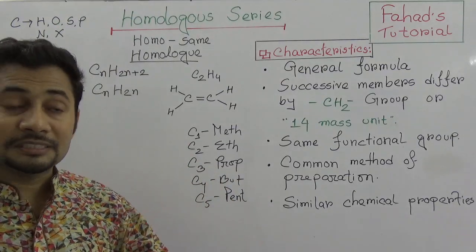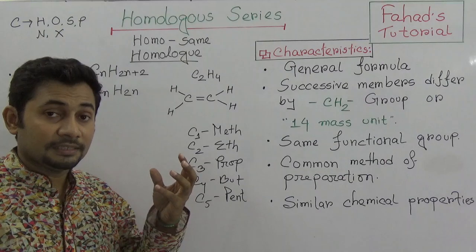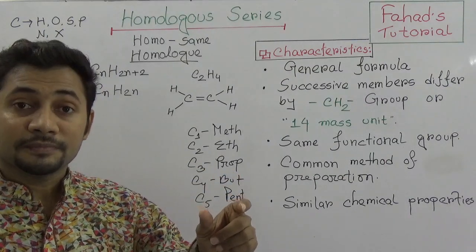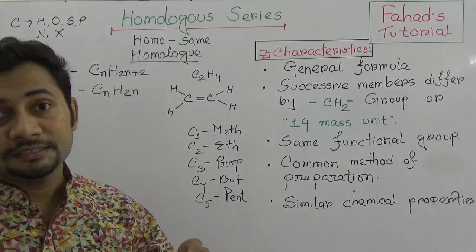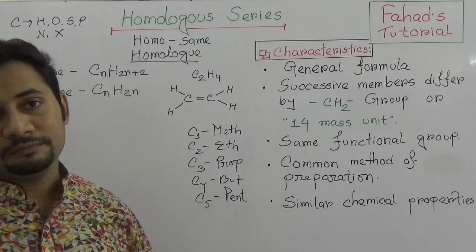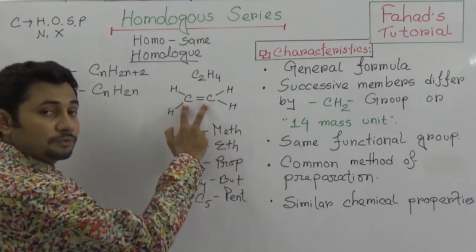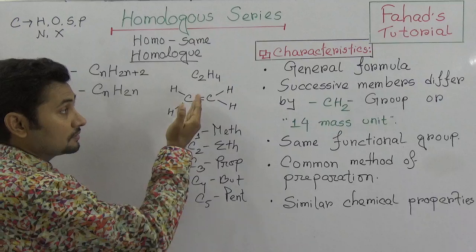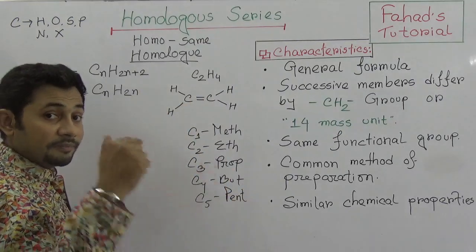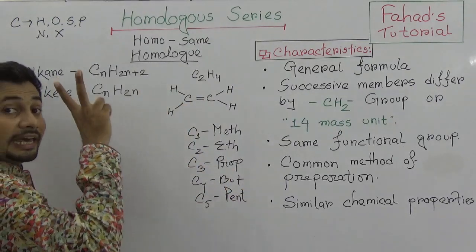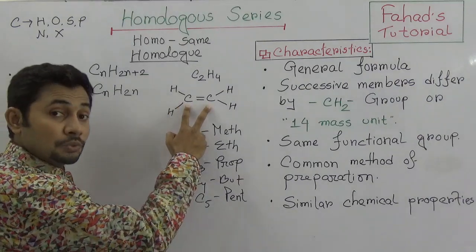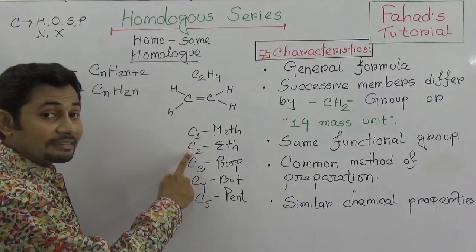So what is the IUPAC system? Simply we can memorize one thing, that the number of carbons determines first the name of the compound. Now you see we have 2 carbons and 1 double bond. This double bond is the functional group of alkene. So this is alkene, but it has 2 carbons. It's called ethene.